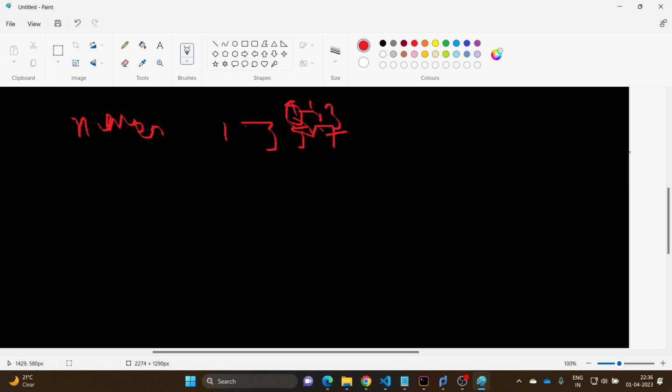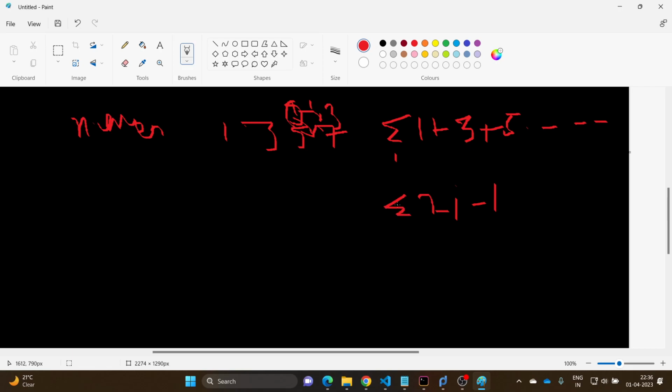is 3. So you can see the differences will be 1 plus 3 plus 5 and so on, and you have to take the sum of all of these elements. This is basically the sum of 2i minus 1.